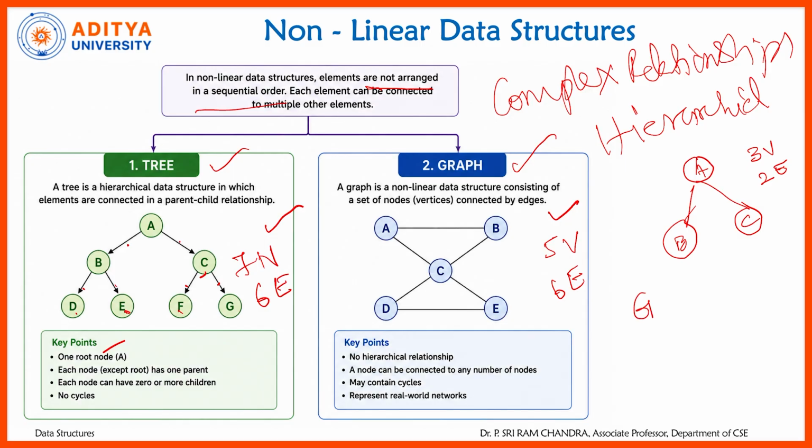If a graph contains 5 vertices and 6 edges, to make it a tree, we should make it 5 vertices and 4 edges. Then it satisfies the property of a tree. So, before tree, graph is there. A graph is a cyclic data structure, whereas a tree is a non-cyclic data structure.